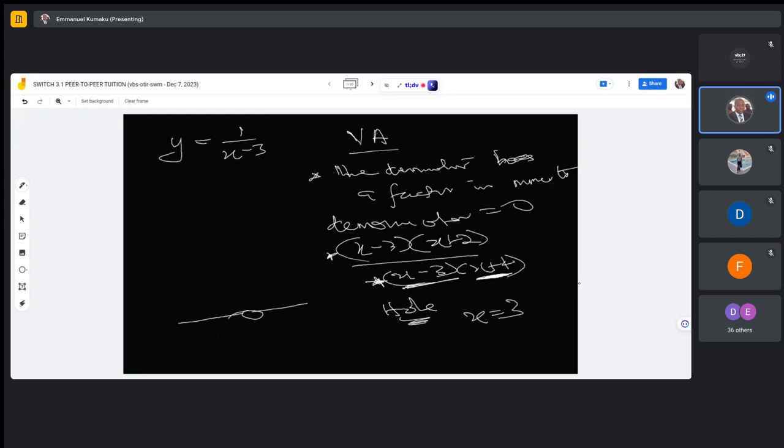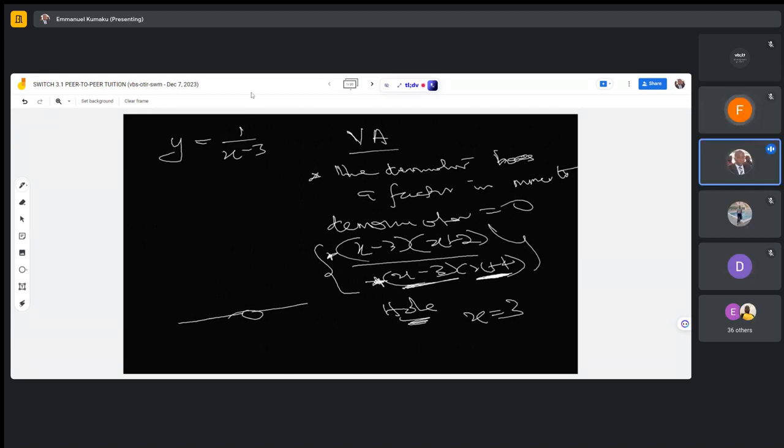You first have to check whether the denominator has a component in the numerator, as I've illustrated with this example, and remove that component out before you find the asymptote. If there is no such condition, then the vertical asymptote is just equating the denominator to 0.